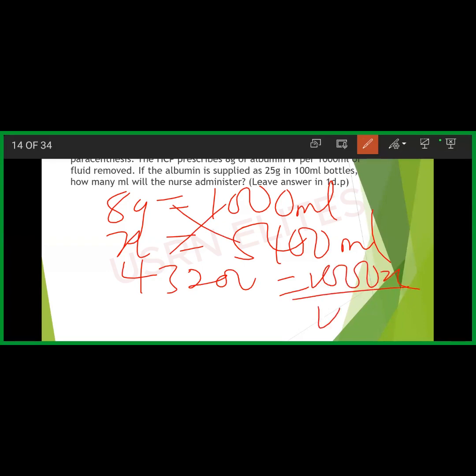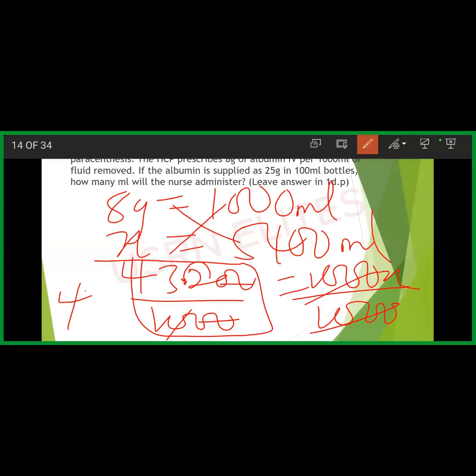Divide both sides by 1,000. These 2 zeros will cancel these 2 zeros, then this 0 will shift a point, giving 0. You get 43.2. You can still use a calculator to do it. You get 43.2. Yeah, I got 43.2.